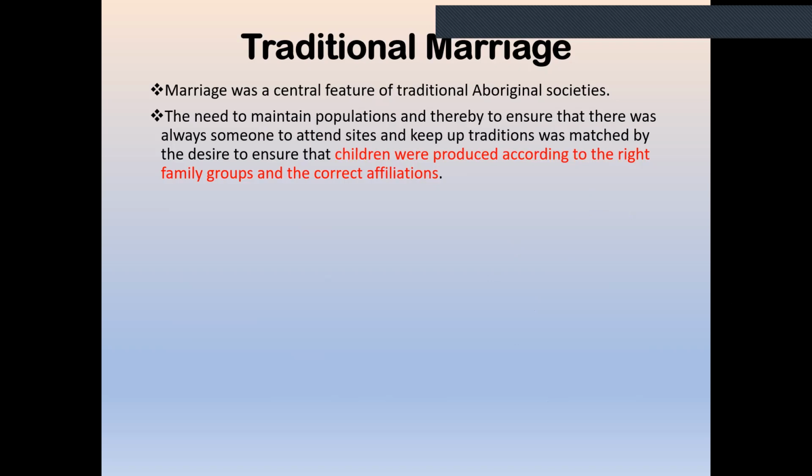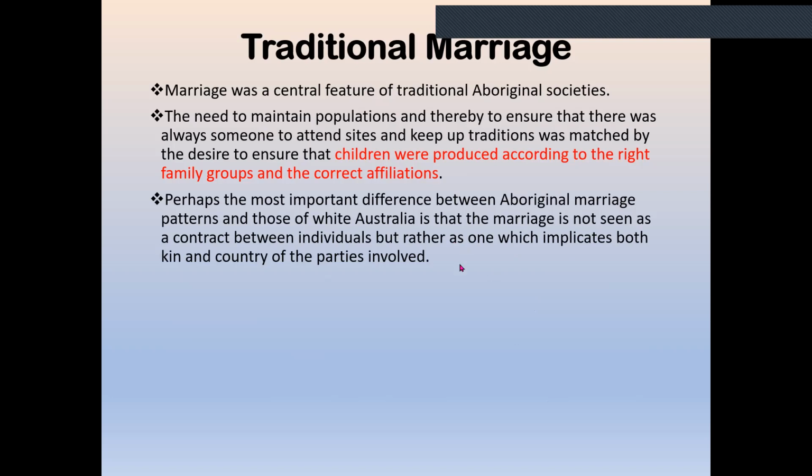It was always matched, but the children were produced according to the right family groups and the correct affiliations. So the most important difference between Aboriginal marriage patterns and those of white Australia, the marriage is not seen as a contract between individuals, like we have here, but one which implicated the kin and country.